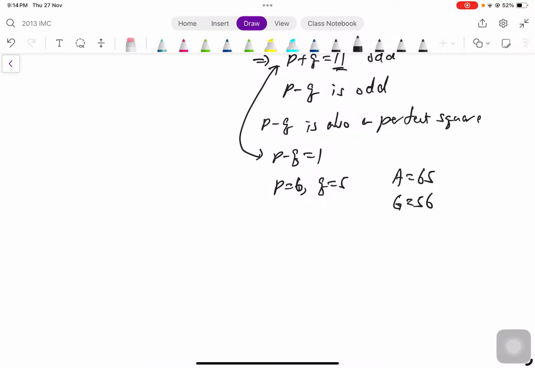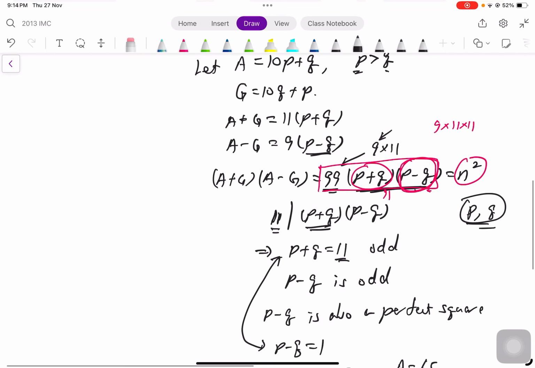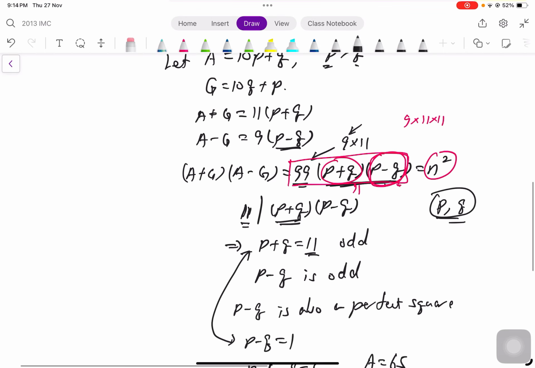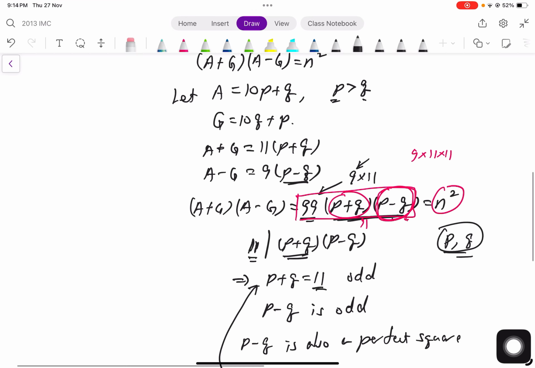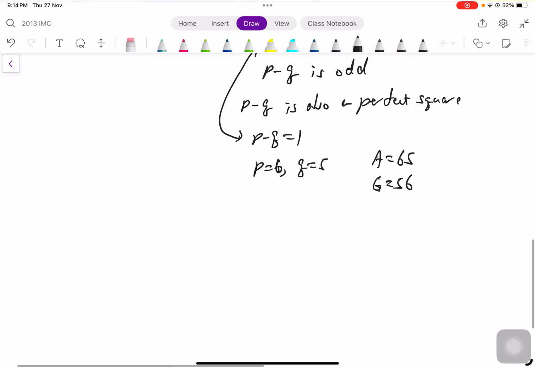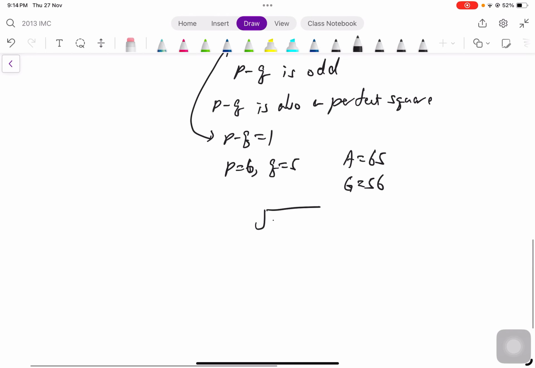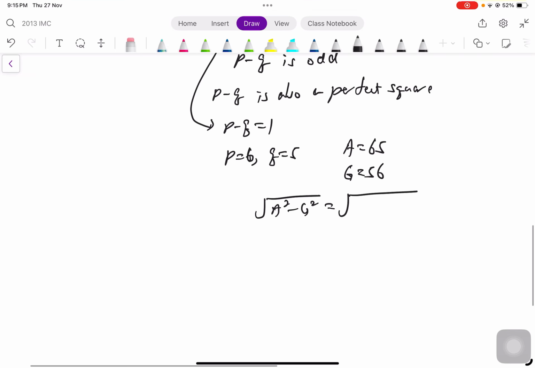All right. Remember class, what is A squared minus G squared? Therefore, it would be the square root of A squared minus G squared, which is actually the square root of 65 squared minus 56 squared.